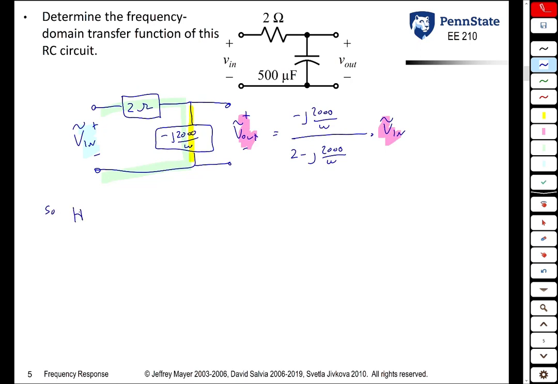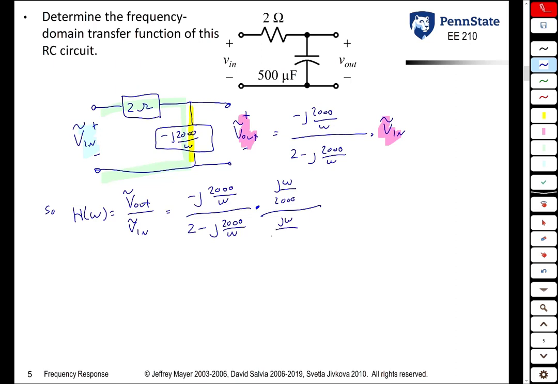So H of omega, by definition, is the output phasor over the input phasor. It's just going to be minus j 2000 over omega over 2 minus j 2000 over omega. To make this look a little nicer, let's multiply this by j omega over 2000 all over j omega over 2000.